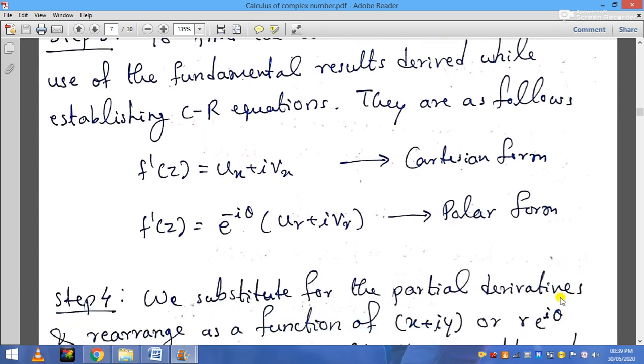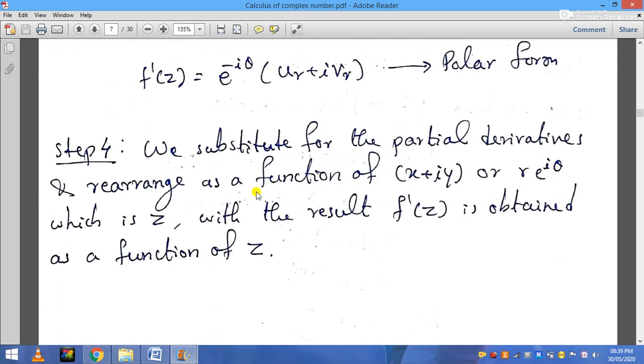Then the fourth step is we substitute the partial derivatives and rearrange the function as x plus iy or r into e raised to i theta, which represents z, so that f dash of z is obtained as a function of z. By substituting, we obtain f dash of z in terms of z.